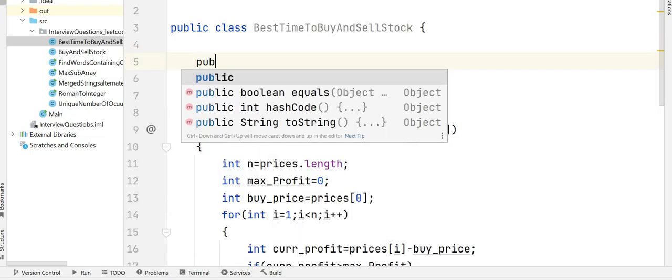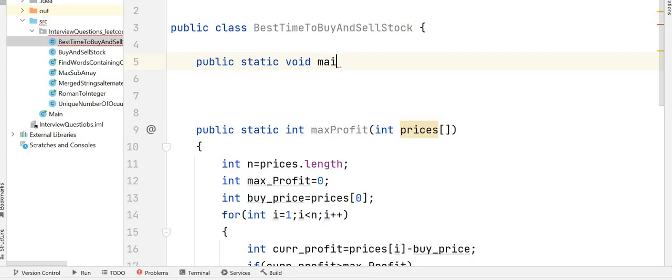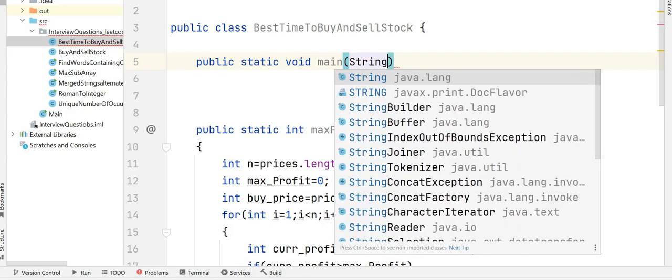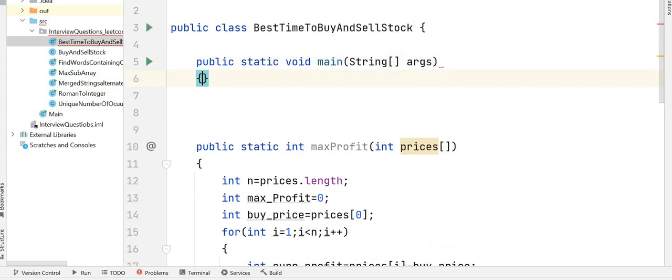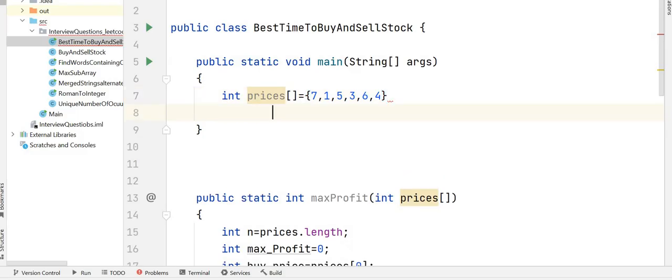Now let's write our main function, that would be public static void main(String[] args). Let's take the input array, that was 7 1 5 3 6 4, right?